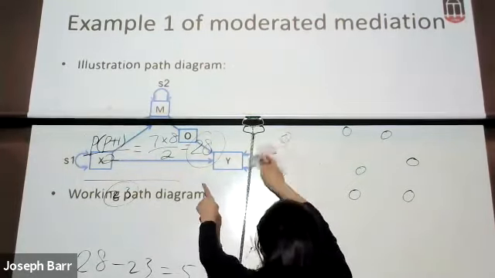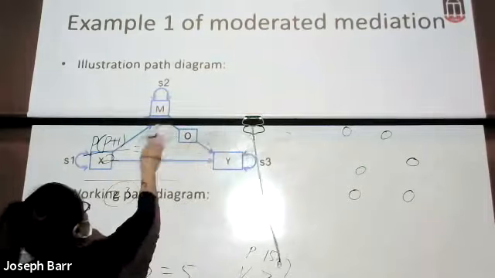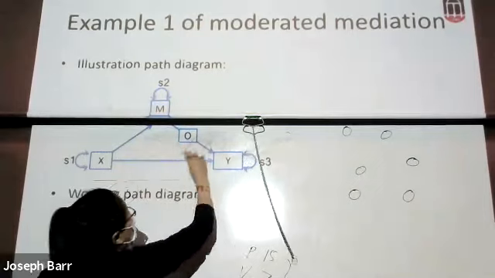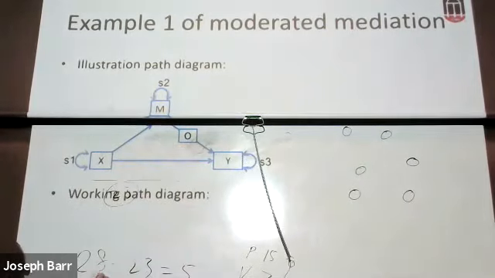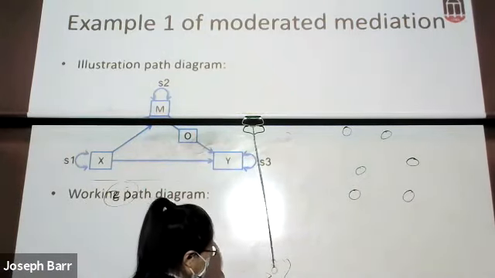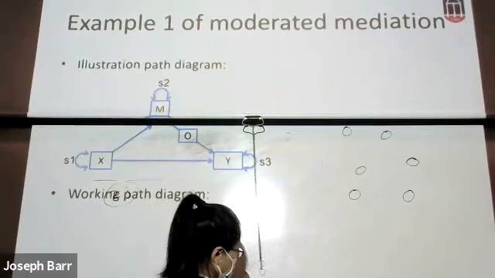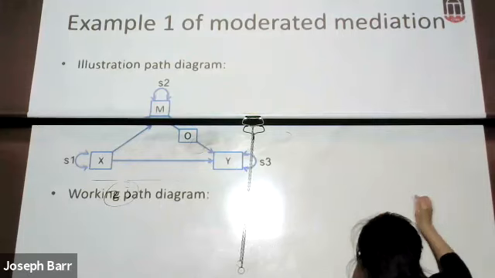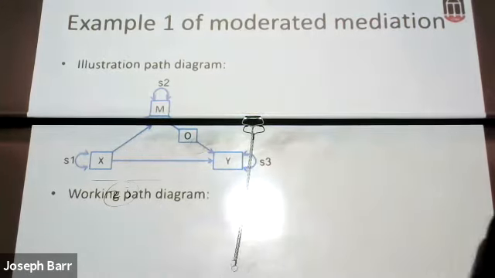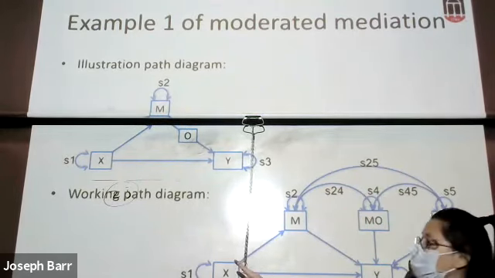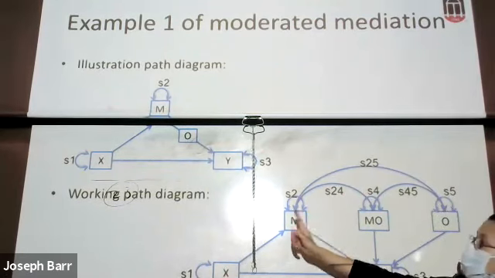So you have to consider the interaction term between M and O, right? Because M and O is a moderation part. So you're gonna look at the interaction term between those two variables. Originally, it's a mediation. X goes to Y and M here, mediation.